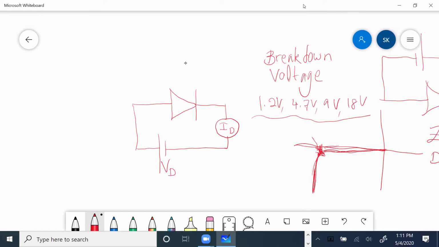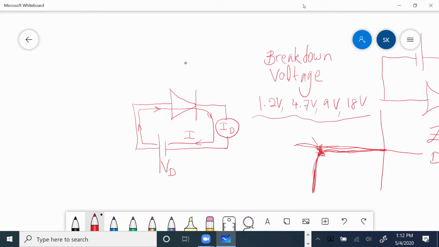If we bias it this way, then when we apply positive voltage, this diode will conduct, and a current will flow. The current will flow like this through the diode. This is current I, flowing through this diode.